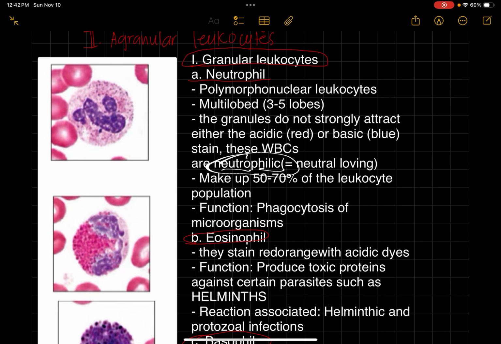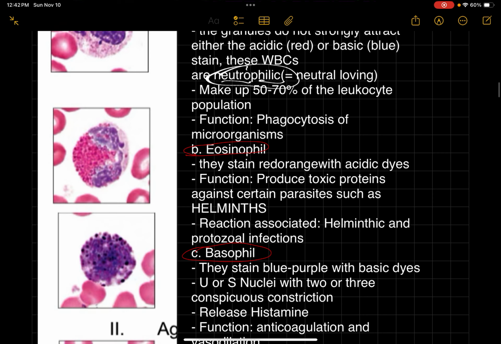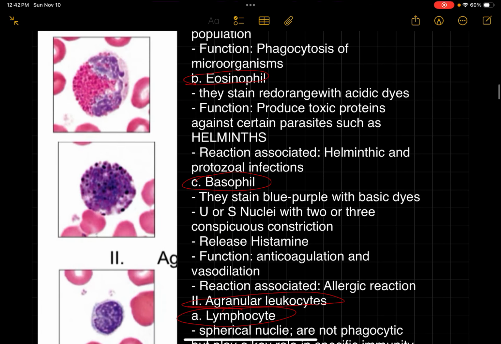So, na-discuss ko na ni sa inyo sa biochem, first term, ang phagocytosis. Eosinophil, they stain red-orange with acidic dyes. Its function is to produce toxic protein against certain parasites such as helminths, and reactions associated with helminthic and protozoal infection. We have basophil.